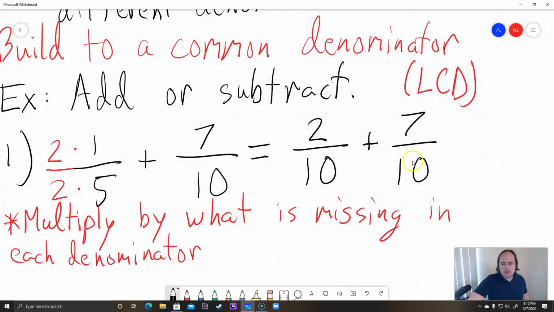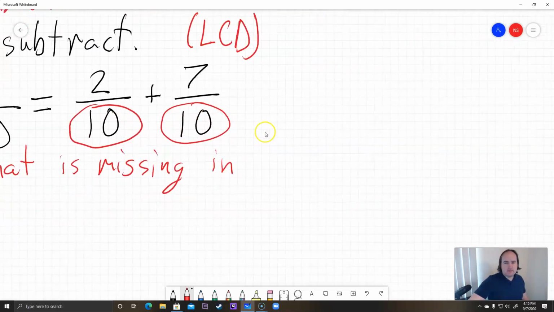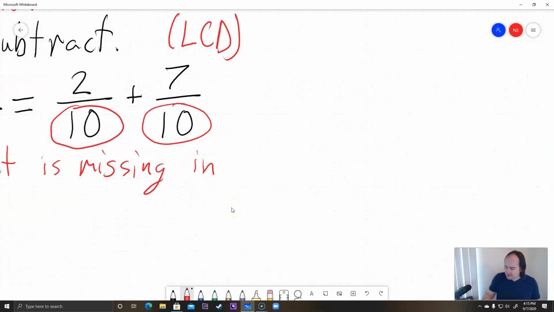So now these are like fractions, so we keep the denominator, which is 10, and then we add or subtract the numerators.